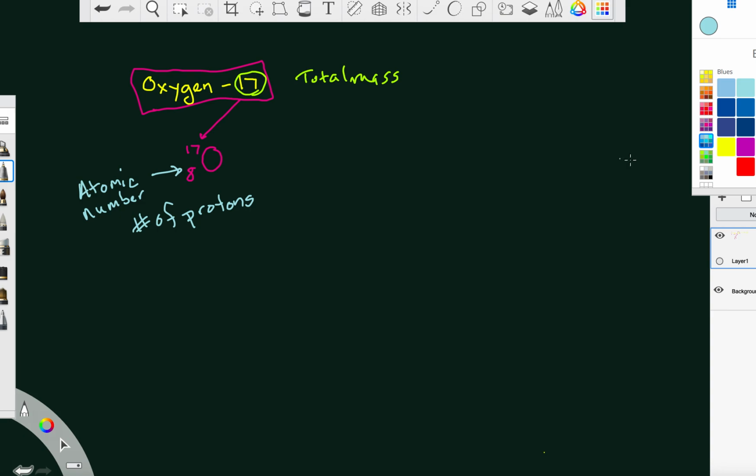And then this number up top is, again, the total mass.